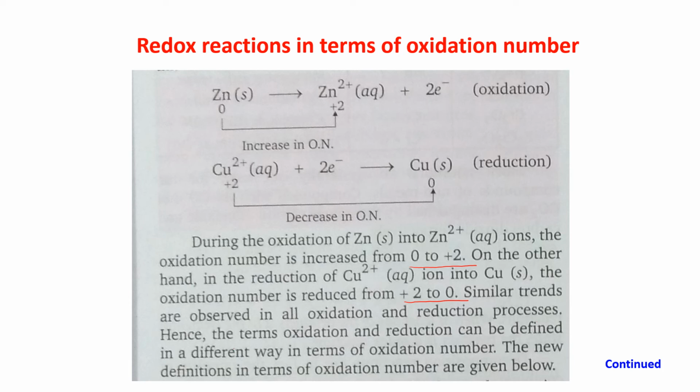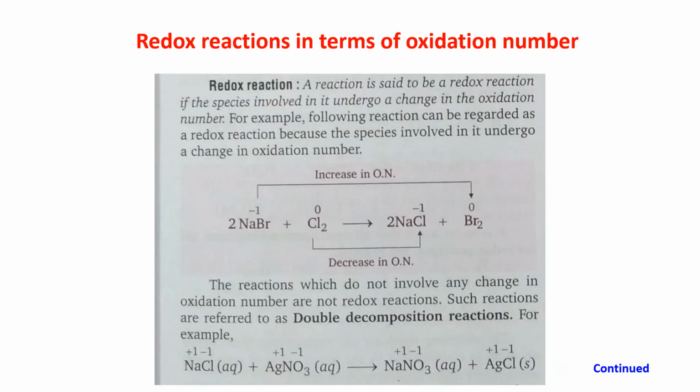Hence, the term oxidation reduction can be defined in a different way in terms of oxidation number. The new definition in terms of oxidation number is given in the next slide. Redox reaction: a reaction is said to be a redox reaction if the species involved in it undergo a change in oxidation number.